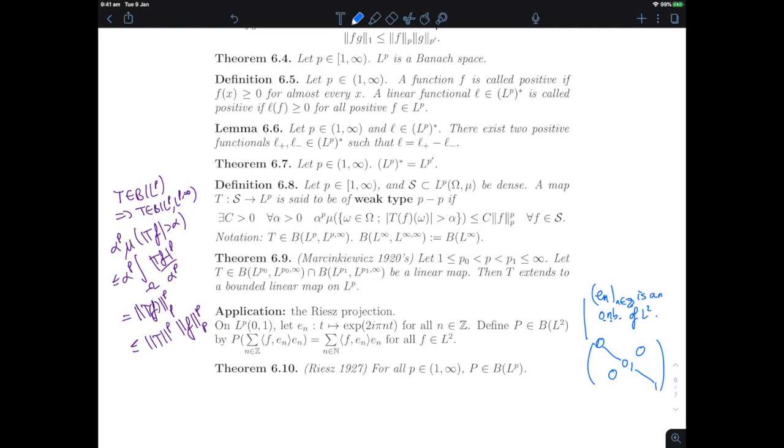Just a little aside here, Fourier analysis or its generalizations that are sometimes called harmonic analysis play a key role in partial differential equations. That's because, well, what happens if you differentiate e_n? You're just multiplying it by 2iπn. So differentiation operators will be, from a linear algebraic point of view, diagonal maps with respect to the Fourier basis.